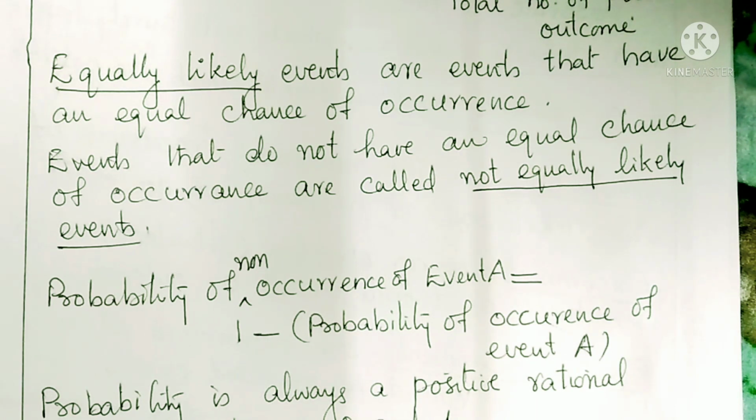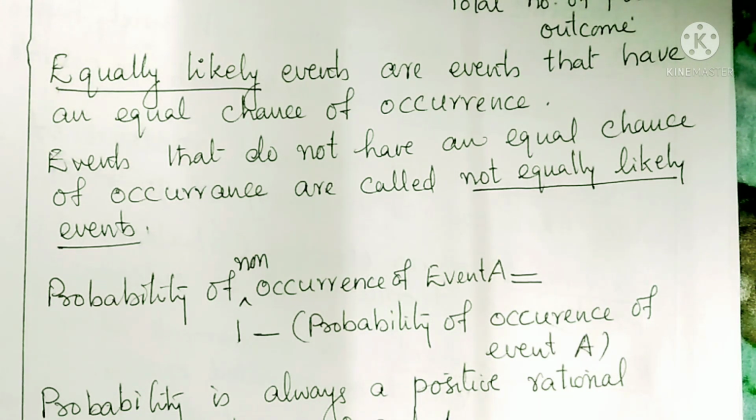If you subtract the chance of getting 1 from 1, you get the chance of 1 not coming. Likewise for 2. Okay, so this we will discuss later on.